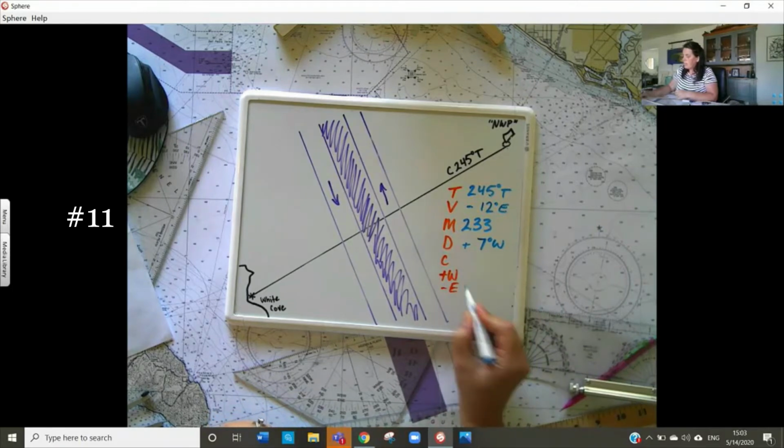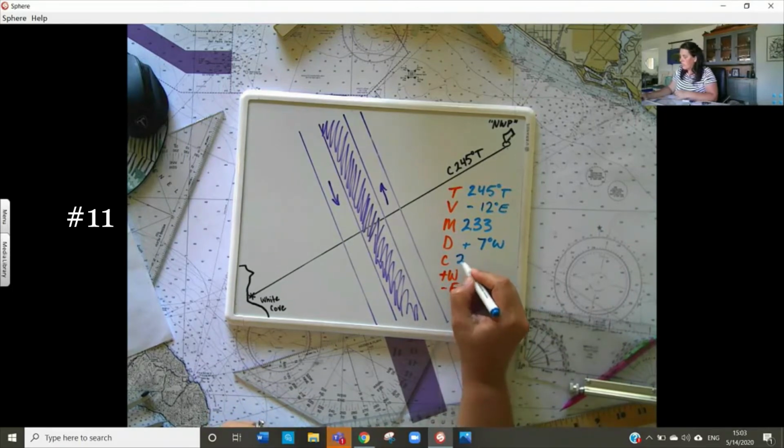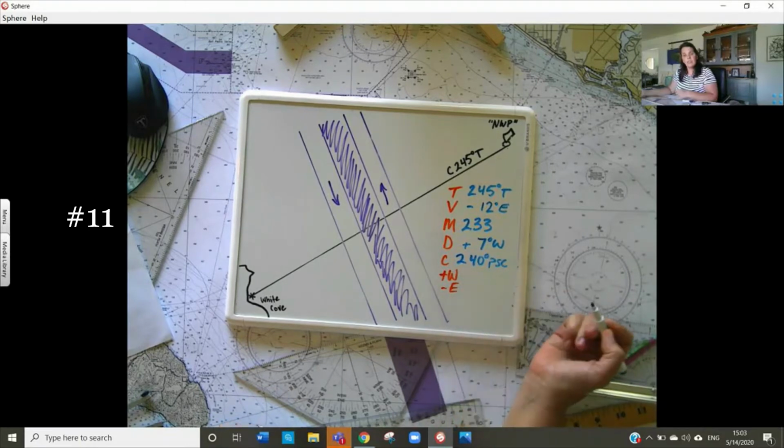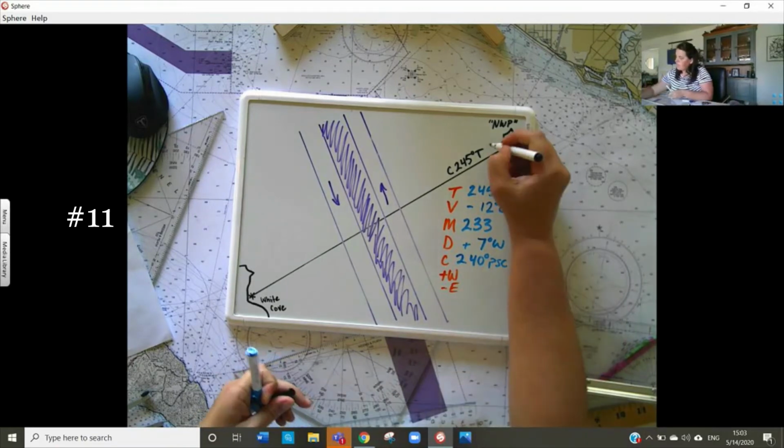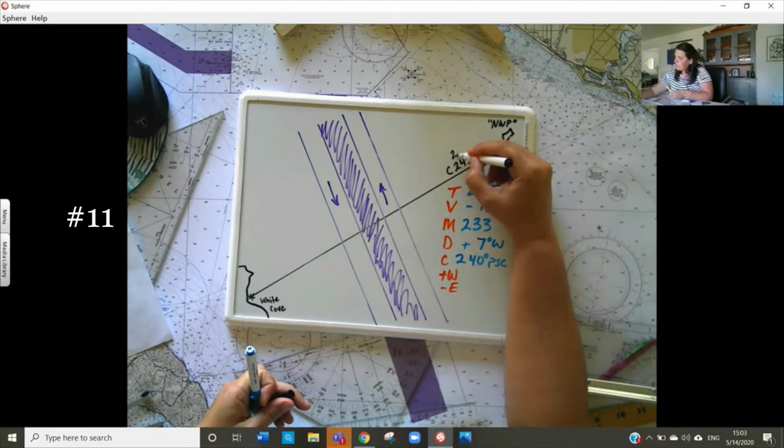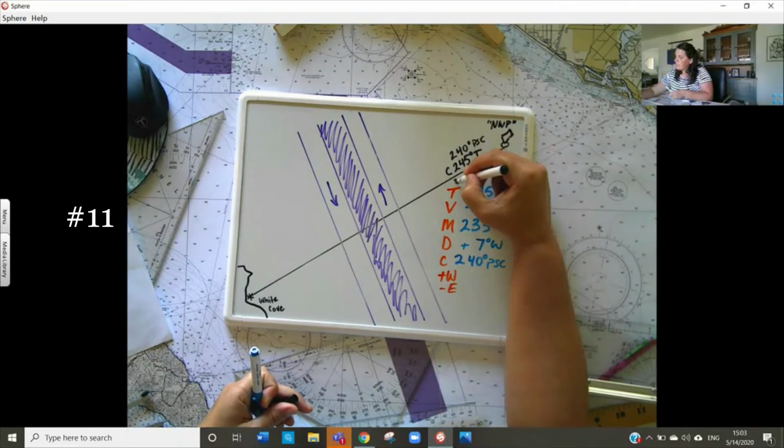And we have our compass course of 240 degrees PSC. So we could write that in as well. I guess I'll write it up here. And I have a speed of 6.5 knots.